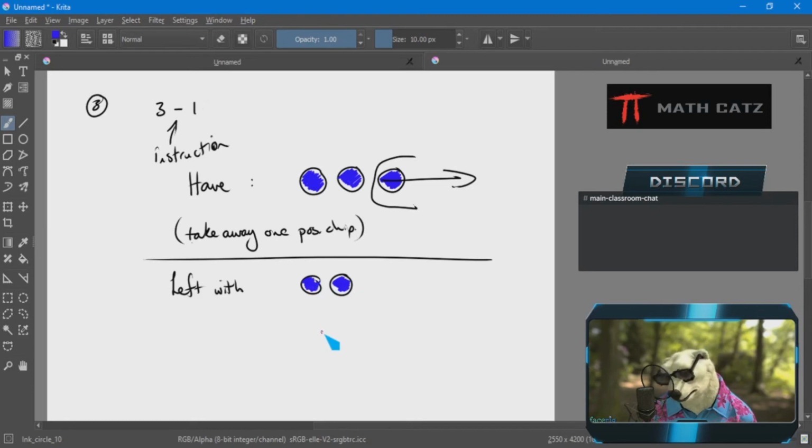In my personal experience, acting out the takeaway instead of representing it makes a big difference. So let's suppose you are acting this out: you would put down your 3 chips and tell the student to remove 1 chip.